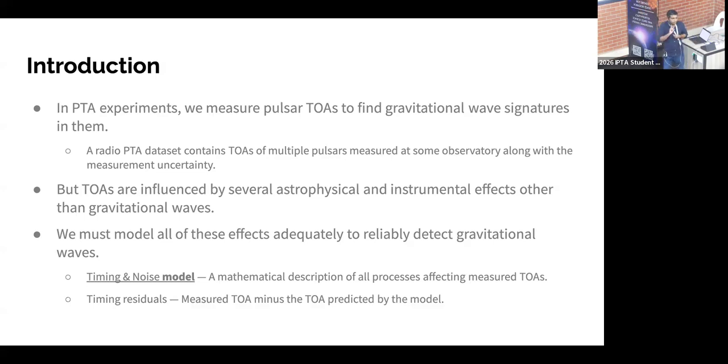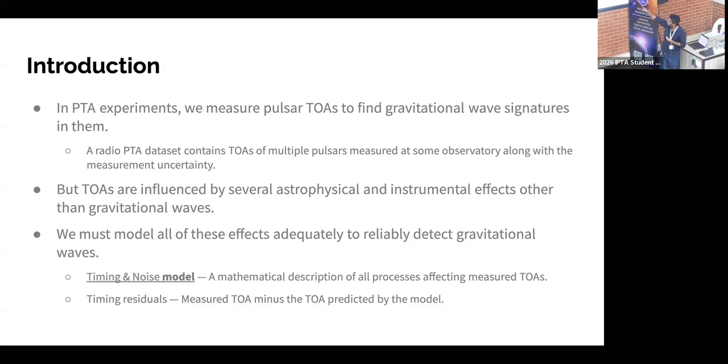And in order to find the gravitational waves, we have to model all of these effects adequately. And so to do this, we define a mathematical object called a timing and noise model. It is a mathematical description of all of these processes together.